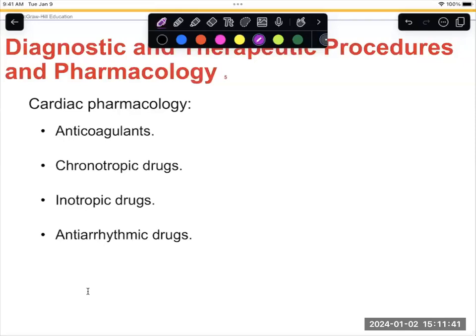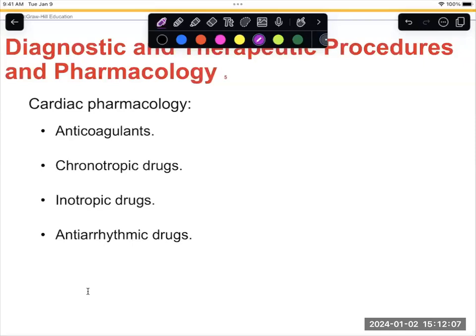Inotropic drugs can be positive or negative. Positive inotropic drugs increase the force of ventricular contraction, which increases cardiac output when the function is impaired, as in congestive heart failure, cardiogenic shock, and cardiomyopathy. Digitalis and its derivatives.